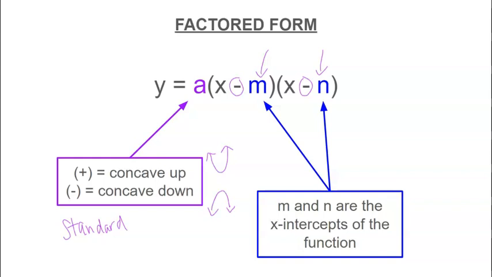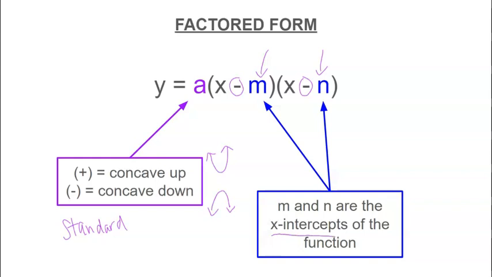It's kind of like vertex form, where when it was inside the parentheses with that subtraction, we took the positive value, and if it was positive, we take the negative value. So it's kind of opposite thinking, because we always talk about taking that sign with a number. However, in these cases, it's not that way. So m and n would be the x-intercepts of the function.